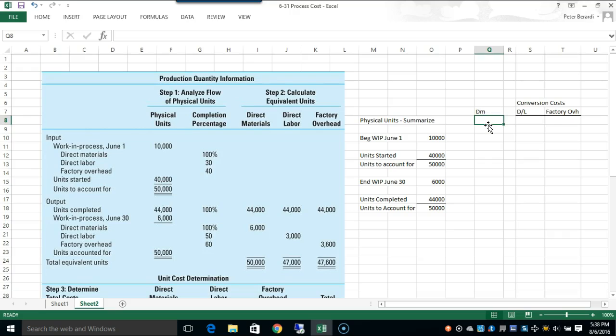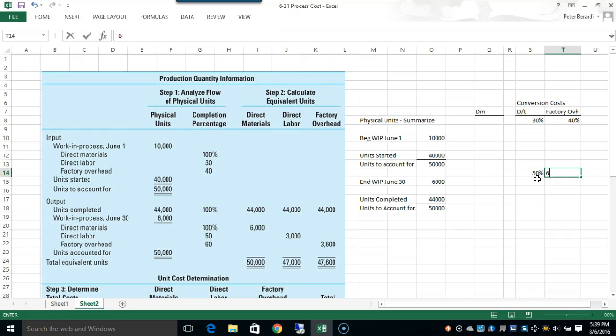Now the direct materials for beginning WIP of 100%. For direct labor, it's 30%. And for factory overhead, it's 40%. On the ending WIP, our direct materials are given to us to be 100%. But on direct labor, it's 50%.